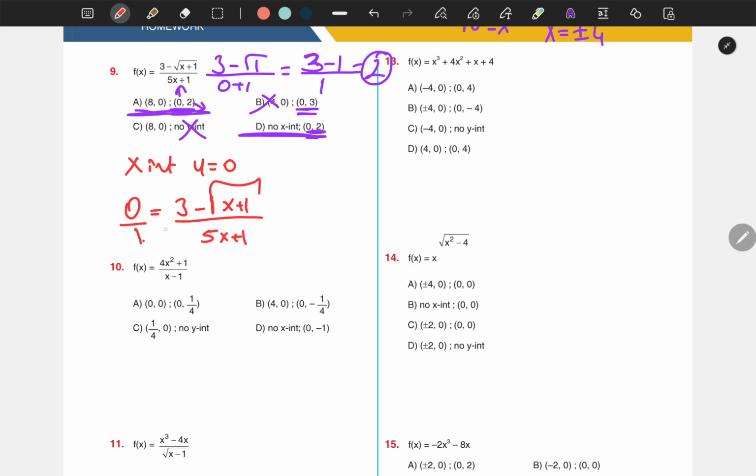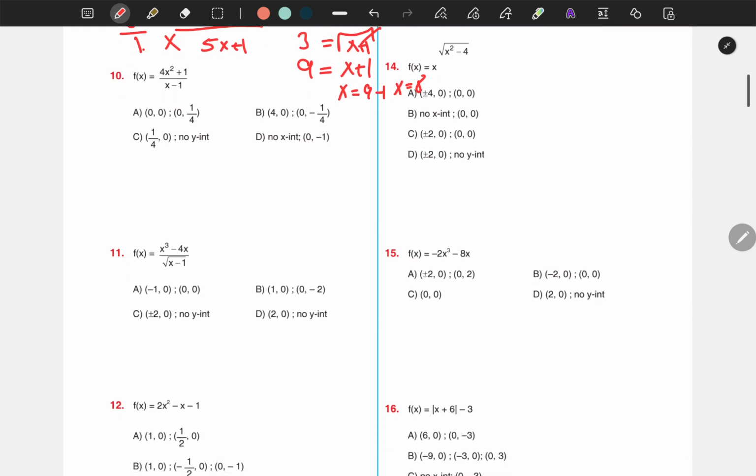Can I do cross product? 0 times this, 0. 3 minus the root of x plus 1 equal to 0. 3 is equal to the root of x plus 1. Both sides I take the second power: second power of 3 is 9, and the root cancels. X equal to what? 9 minus 1, which is 8. Which one do we have? 8 and 0? A option.